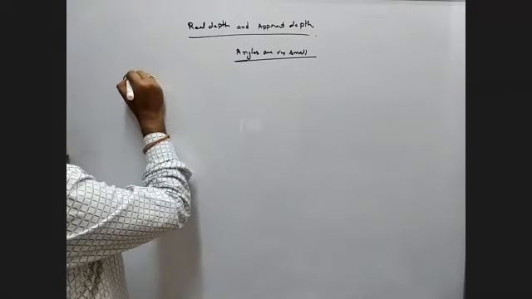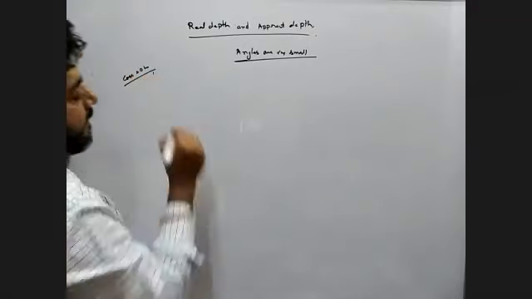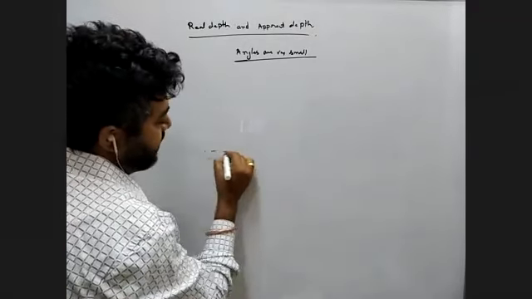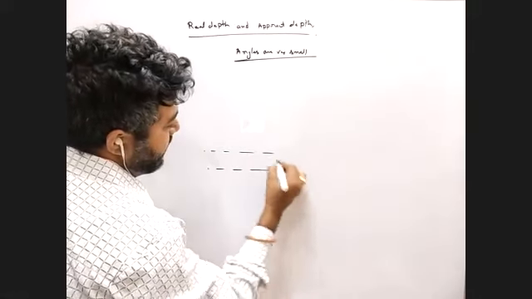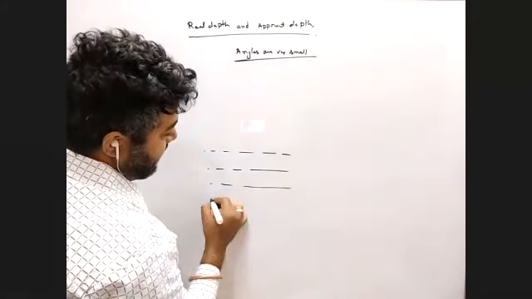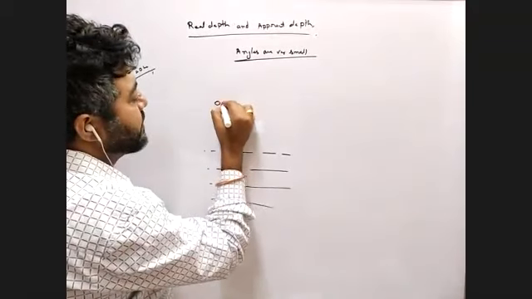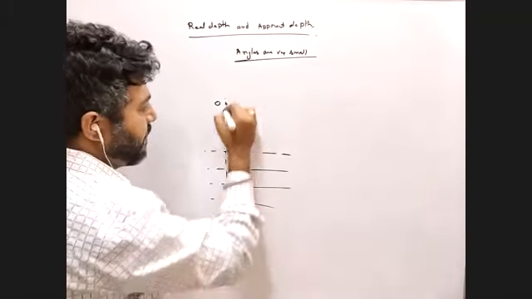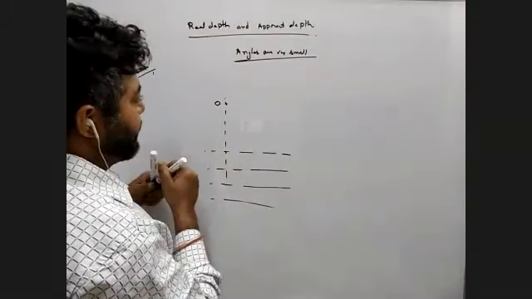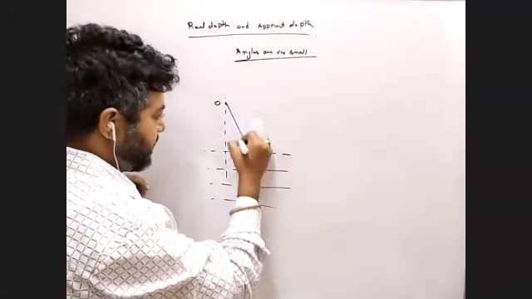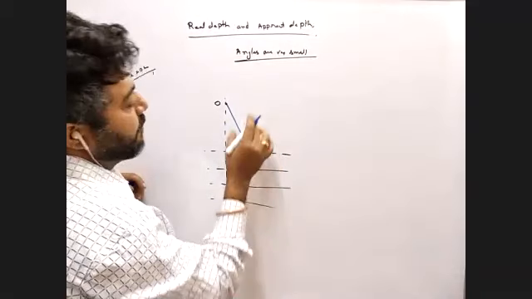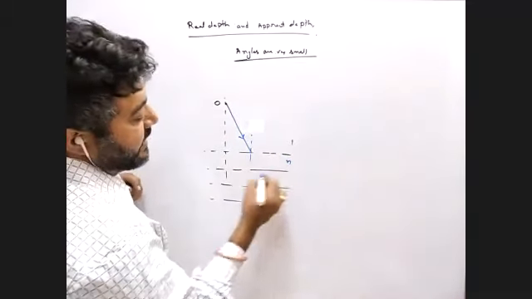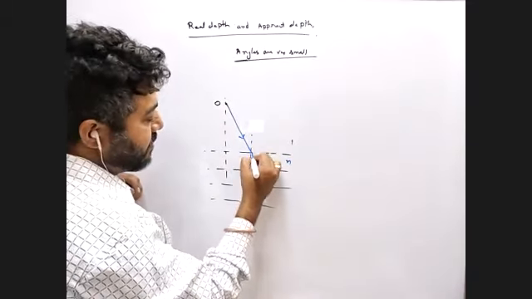Case 2. Suppose this is the object. The ray is coming like that, very small angle. Now when the rays travel from rarer to denser, it moves towards the normal.